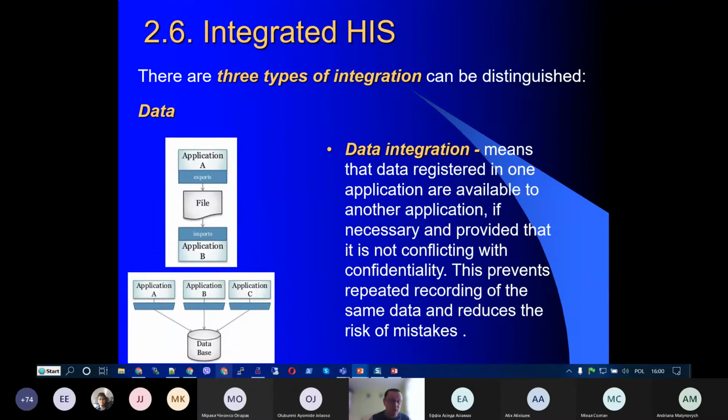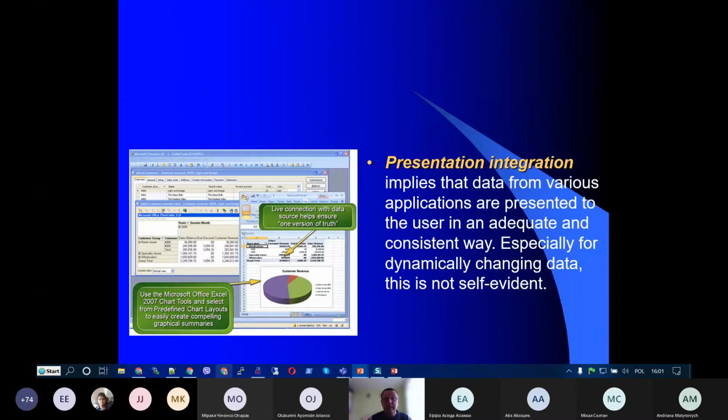It's the ability of one application to access data created by another application, typically possible through sharing database access, but it also means that each application has to implement a model of the database created by another application. But it's the earliest version of data integration, of sharing information between various applications.